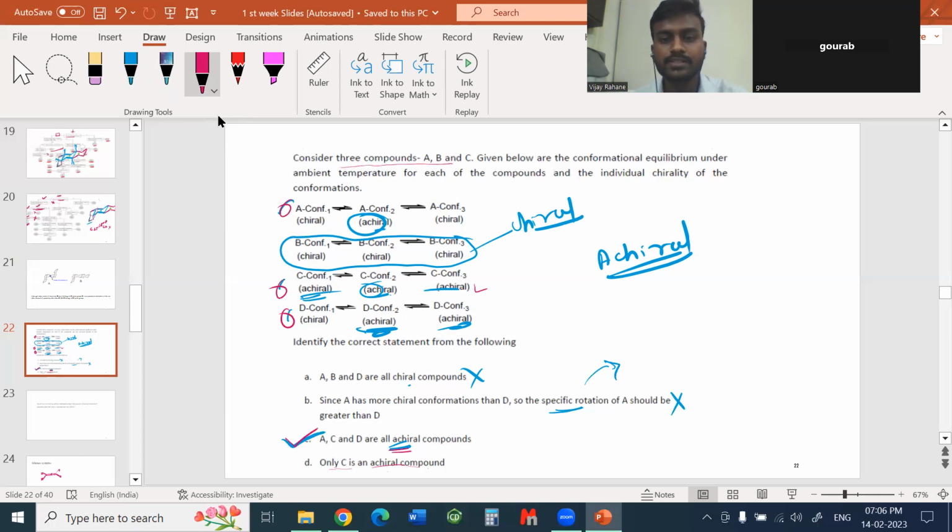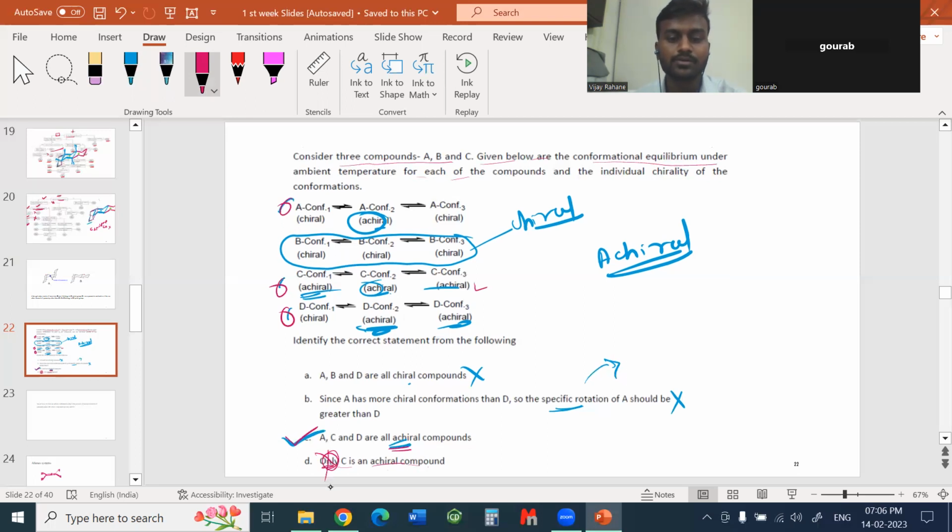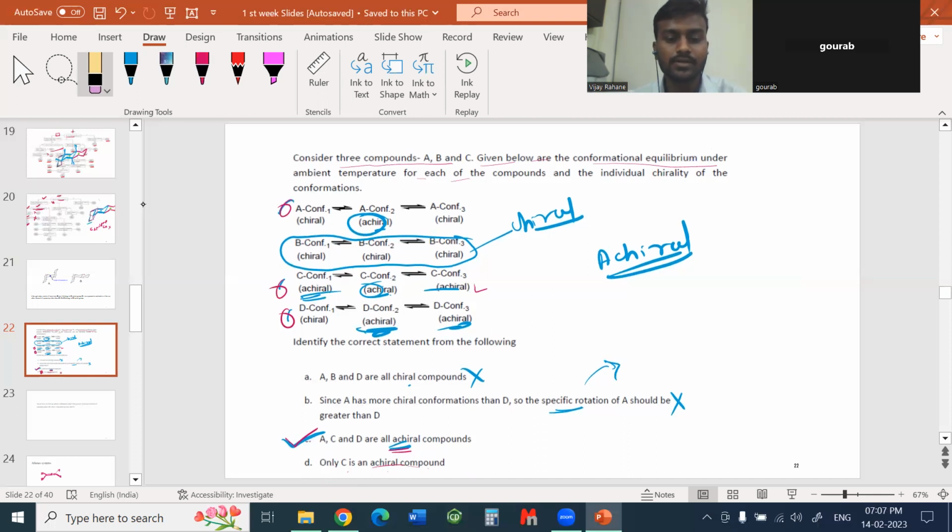Consider the compounds A, B, C, D given below. The conformational equilibrium under ambient temperature for each compound and the individual chirality of the conformations. For C, they have written only. So this statement is wrong. It should not be only. C is achiral, but it's not only. Since they have written only, this is the wrong statement.